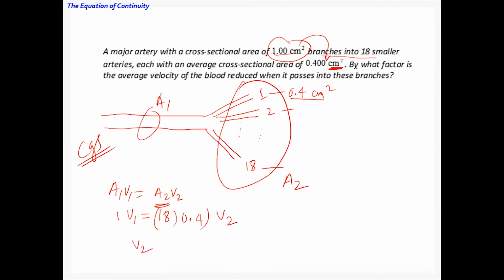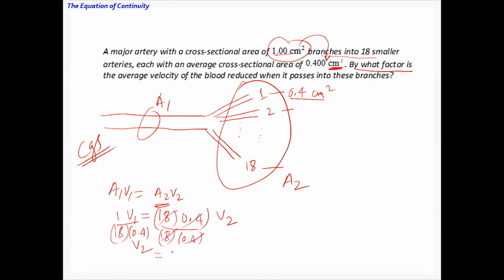See, by what factor is the average velocity of the blood reduced? You need to find the V2 in terms of V1. So if you divide both sides by 18 times 0.4, then you got V2, right?